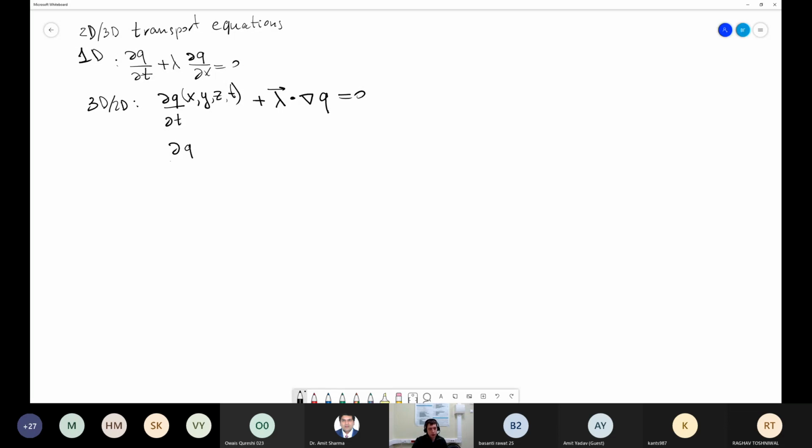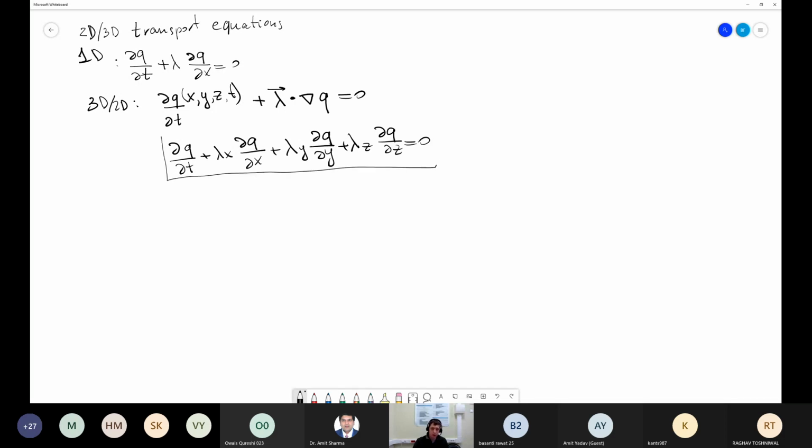In fact, dq dt plus lambda x multiplied by dq over dx plus lambda y multiplied by dq over dy, and maybe lambda z dq over dz equal to 0.